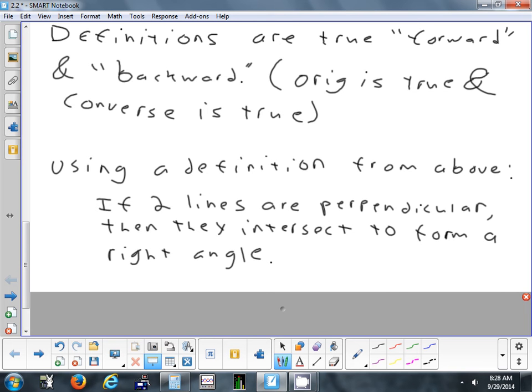If two lines are perpendicular, then they intersect to form a right angle. That's a definition. It's just in if-then form now. First of all, any question on how I put that in if-then form from what you had up above?